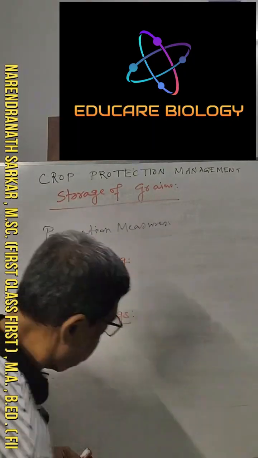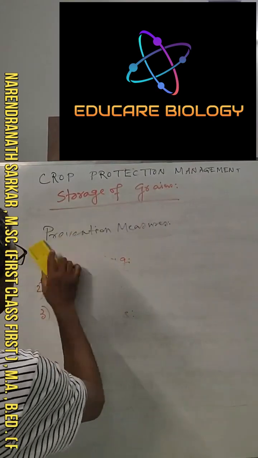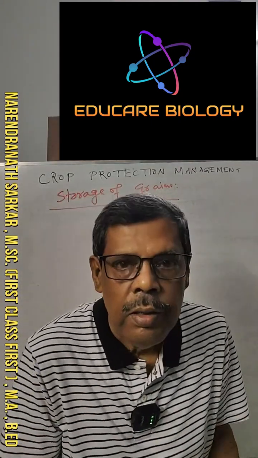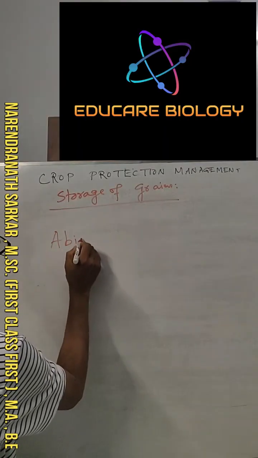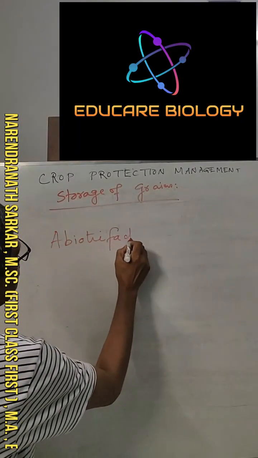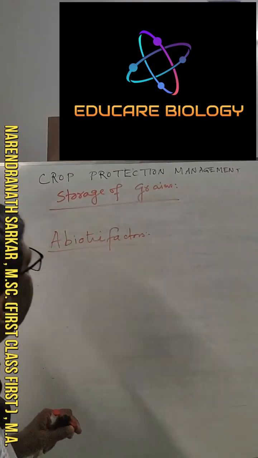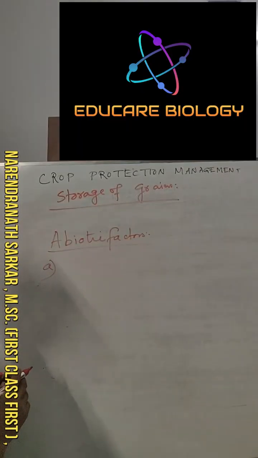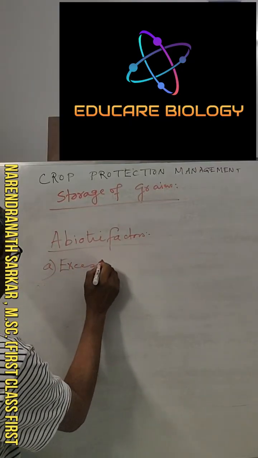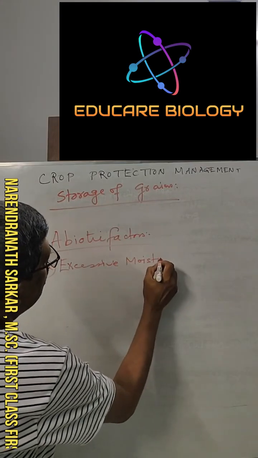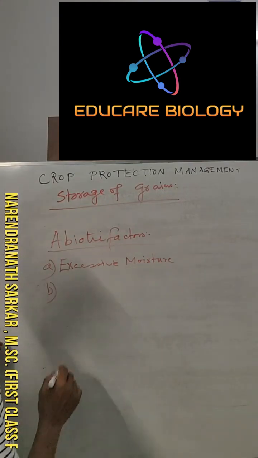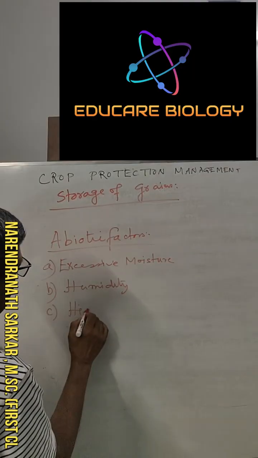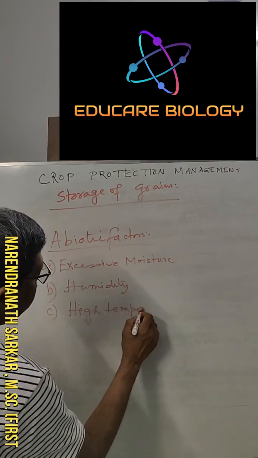Next, first, abiotic factors. Abiotic factors which cause the damage of food grains are A, excessive moisture, B, humidity, C, high temperature.